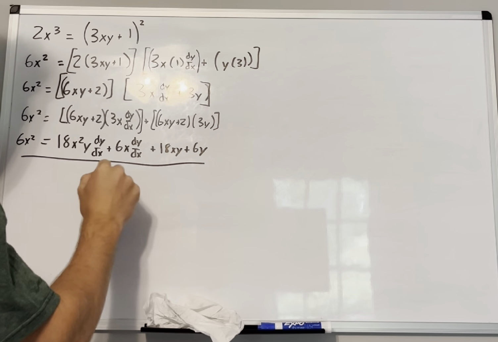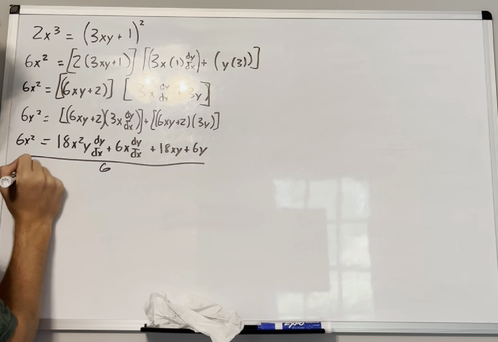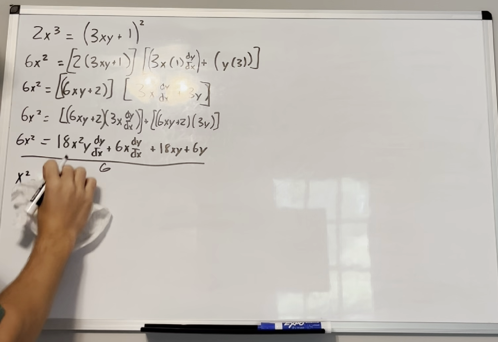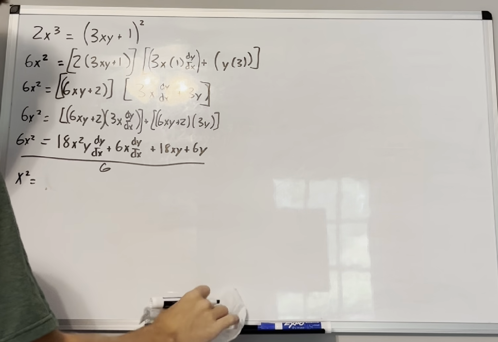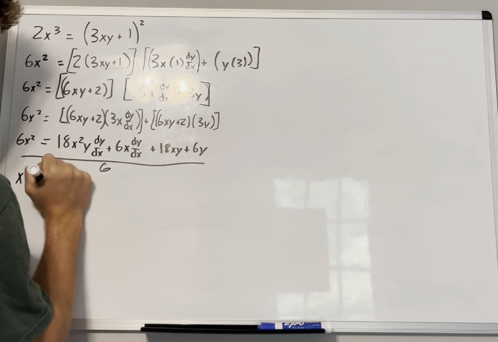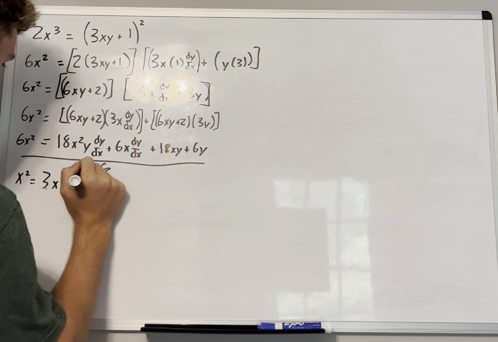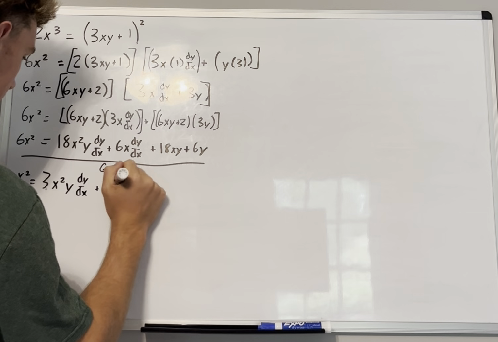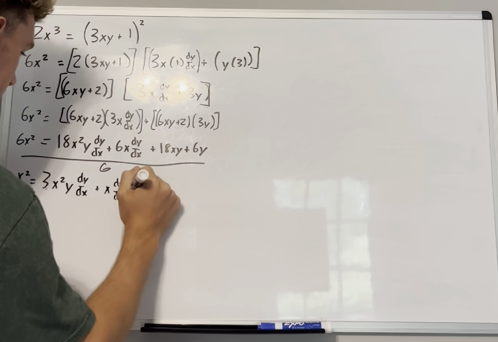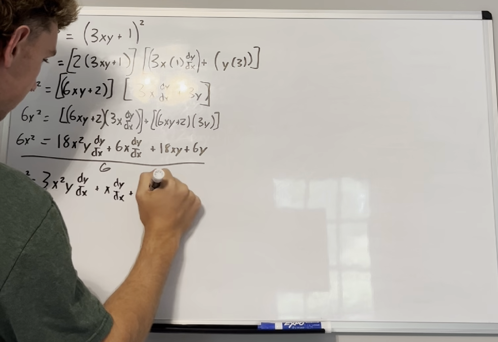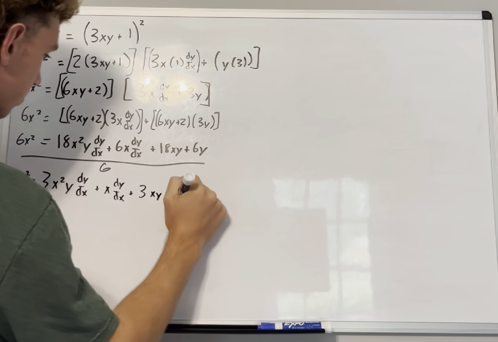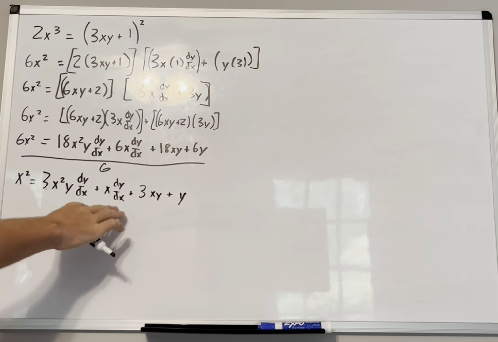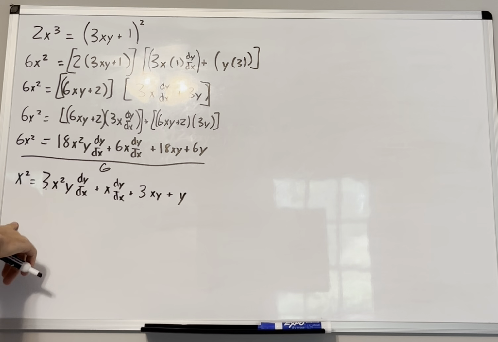So I'm just going to divide everything by 6, and then you get x squared equals 3x squared y dy dx plus x dy dx plus 3xy plus y. And now you have to get your dy dx's on one side so you can factor them out.